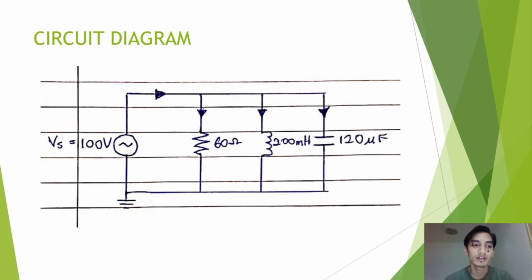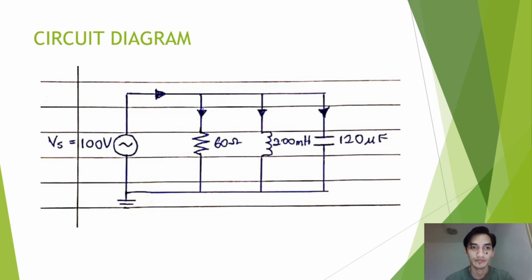As you can see, a parallel resonance circuit consisting of a 60 ohm resistor, a 200 millihenry inductor, and a 120 microfarad capacitor, connected across a sinusoidal supply voltage with a constant output of 100 volts at all frequencies.